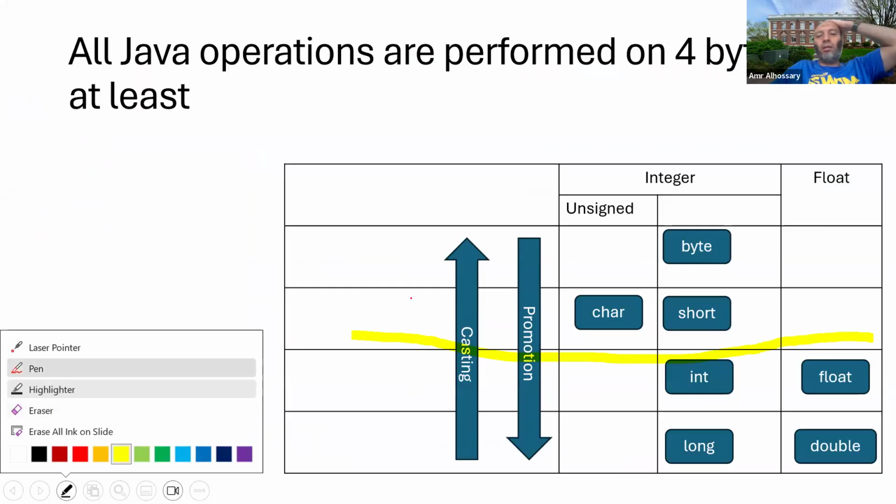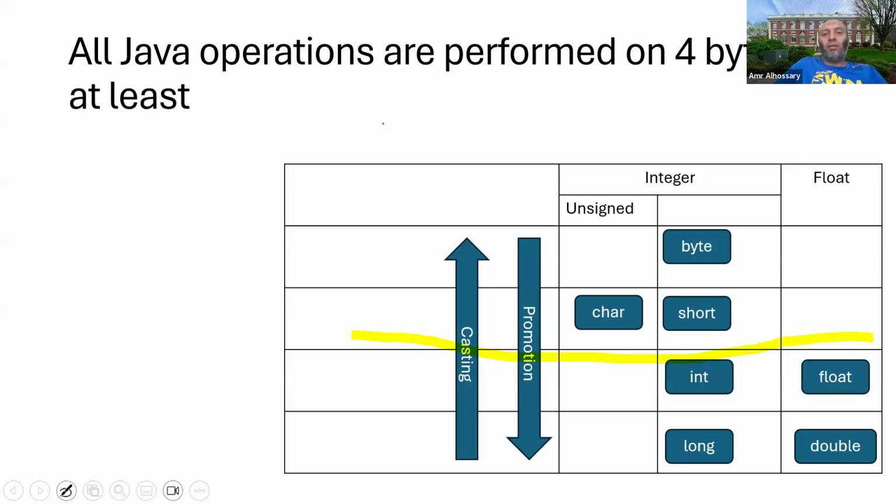But when you use it in an operation like a plus b, this operation cannot be done on anything less than 4 bytes. So both a and b are promoted into integers.